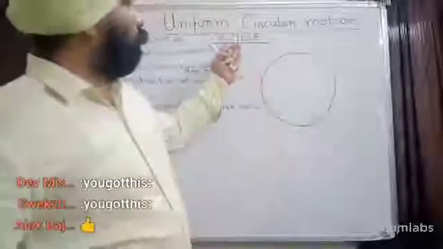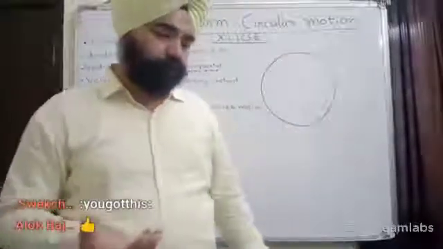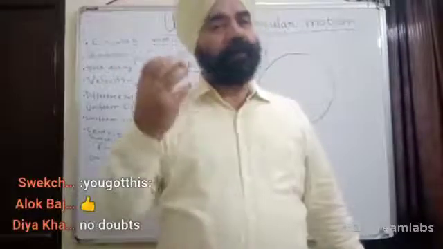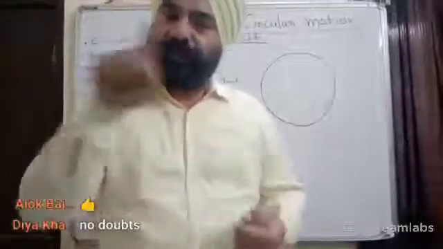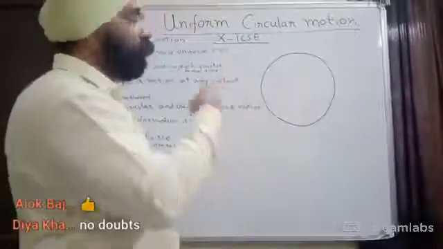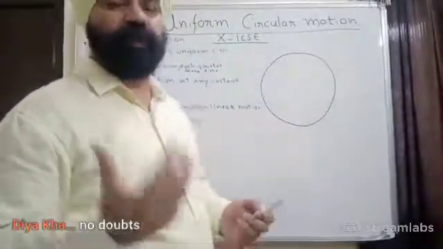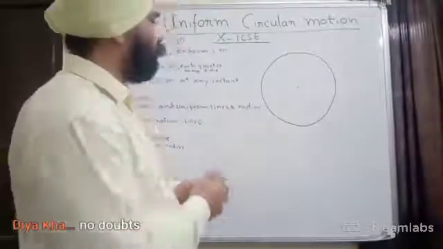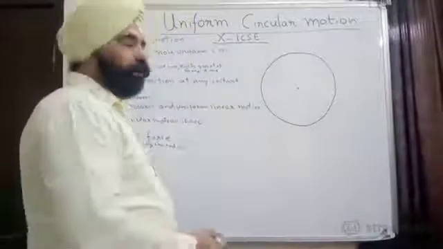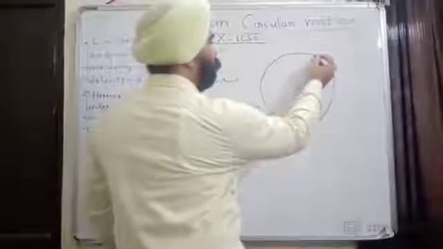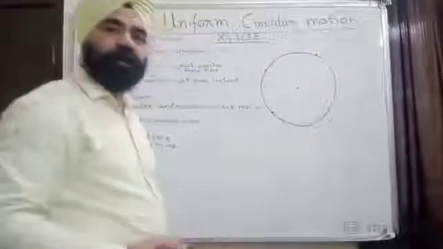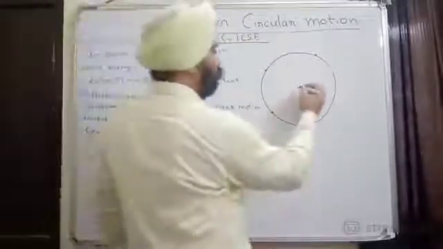Now what is circular motion? We have studied motion. Obviously, it has to be in a circular path. If the motion is in a circular path, it is known as circular motion. So now I take this as a reference point, and the body is changing positions. It was over here sometime before, after some time comes here, after some time comes here. What is common in all these?